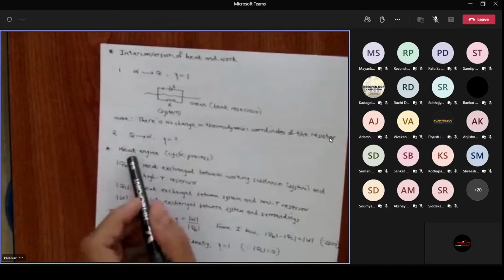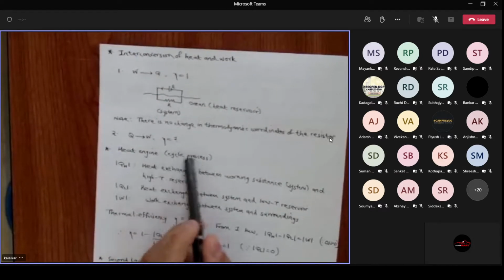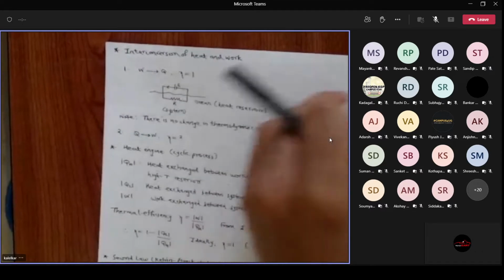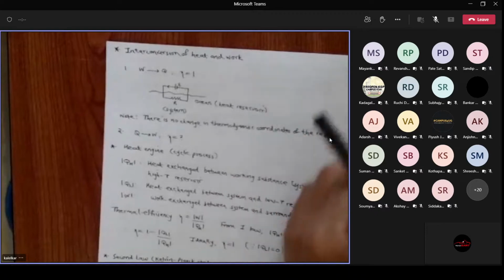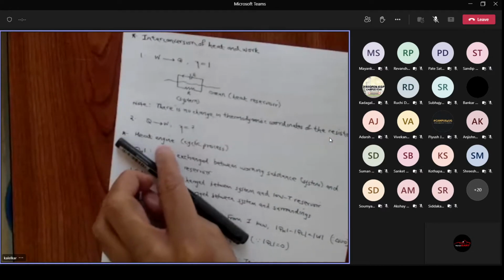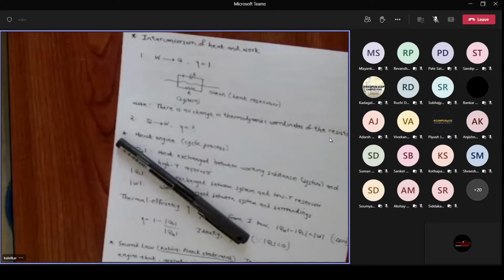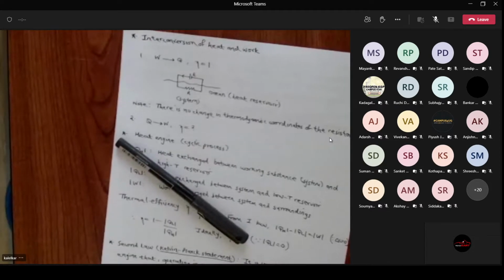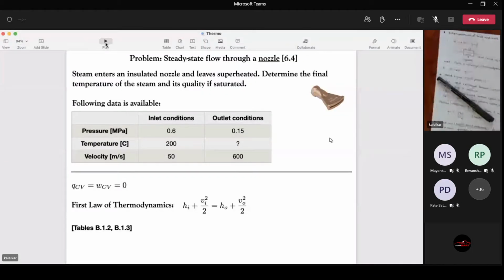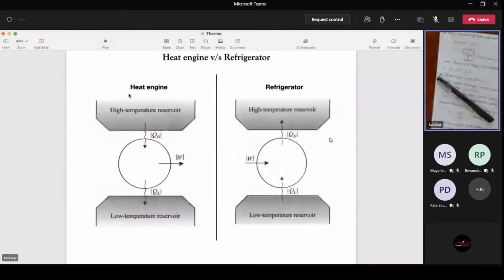So we start with the heat engine, and we are always considering cyclic processes. We're not considering processes which are open-ended, because you want your system to run indefinitely. So you want the process to be cyclic. And when I say heat engine, you may look at it schematically as something like this, in the image on the left.